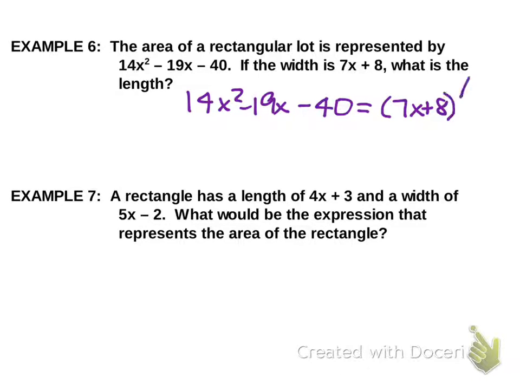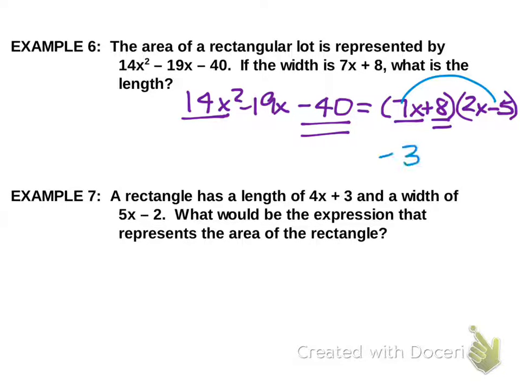So what I need to do is look at the first term and the last term and really make sure that they multiply out together, and then it should all multiply together. So I really need this to be 14x. I have a 7x. To get to 14x, I need a 2x. And I have a minus 40 here. So to get from 8 to negative 40, I'm going to be minus 5. So you can do the inside and outside.